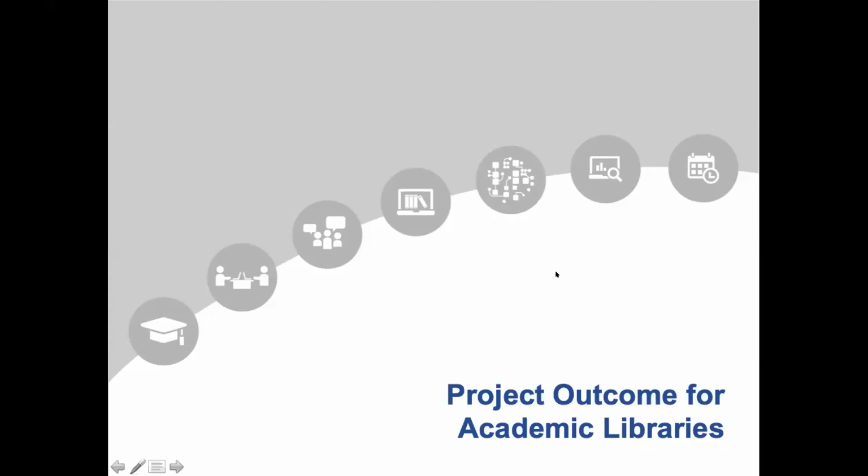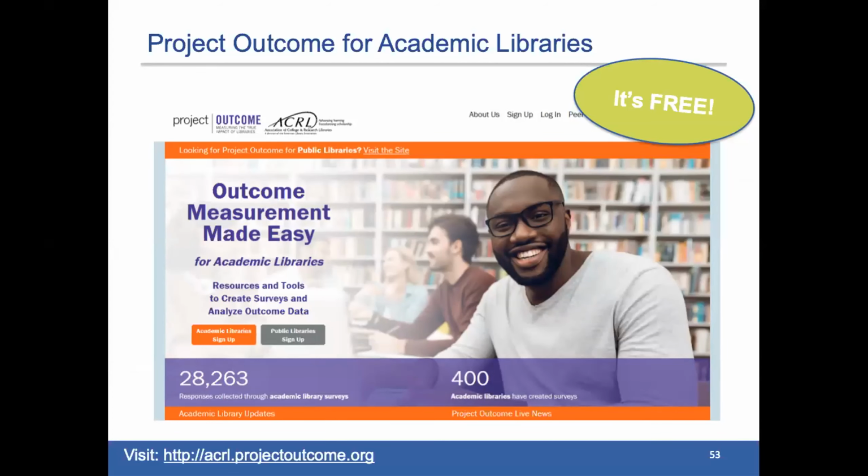Okay, so we're going to switch gears now and talk a little bit about Project Outcome for Academic Libraries. And Gina is going to start us off. Yes, so if you're not familiar with Project Outcome for Academic Libraries, it's a free toolkit for academic and research librarians and LIS students, and it's designed to help academic libraries understand and share the impact of essential library services and programs by providing simple surveys with an easy-to-use process for measuring and analyzing outcomes.